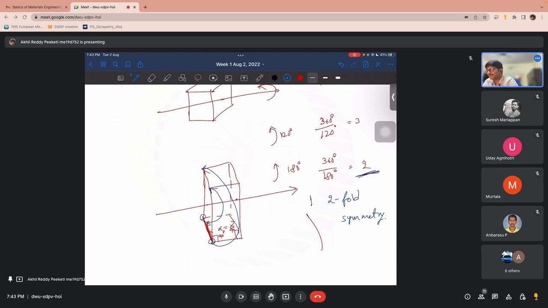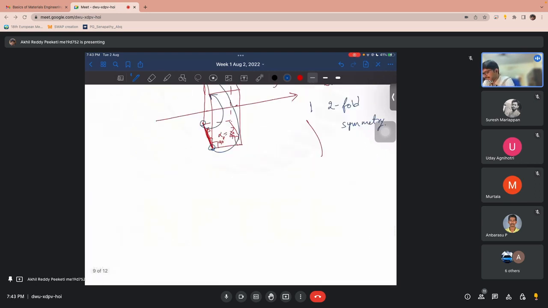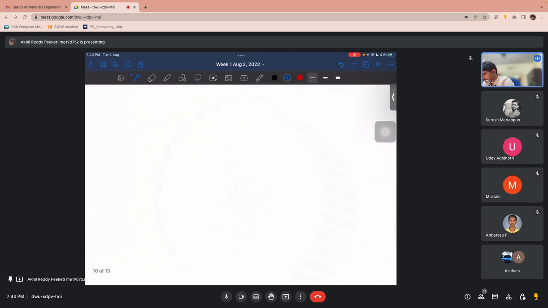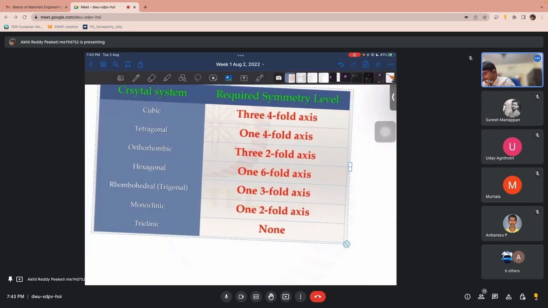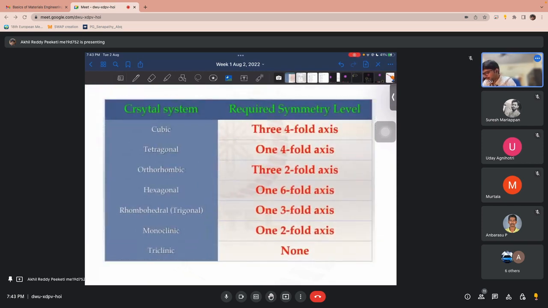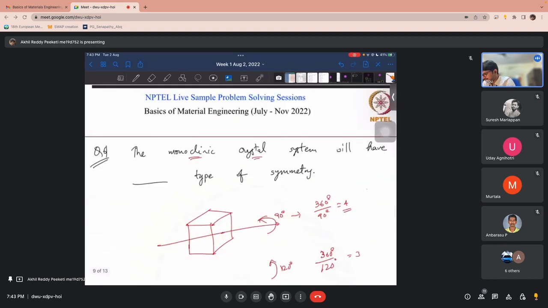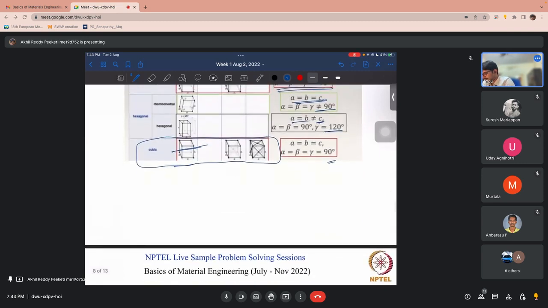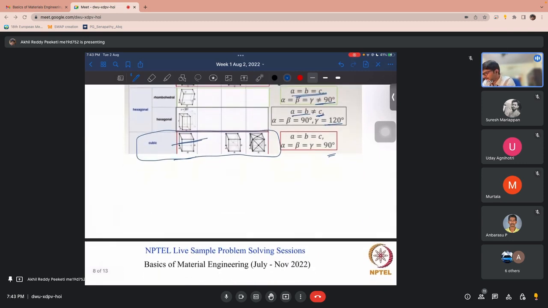Okay, so this way you can look at each crystal structure and what kind of symmetries it has. A cubic structure will have three fourfold axis symmetries. That's because if it is perfectly cubic, in each of the three edge-to-edge faces, if you rotate any of those axes 90 degrees, you will exactly get the same structure again.